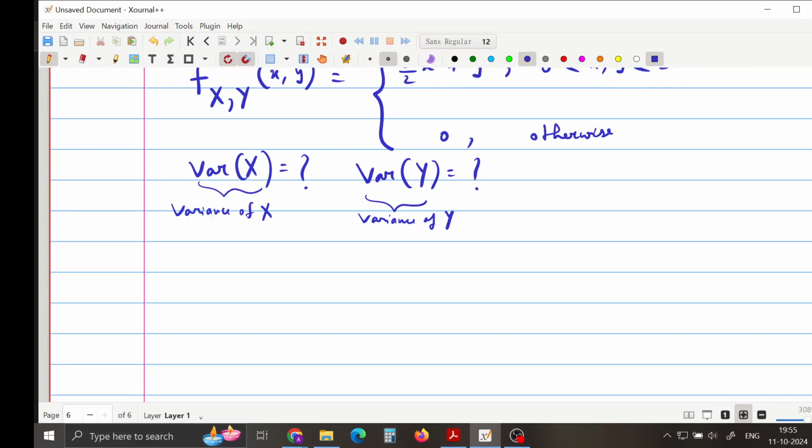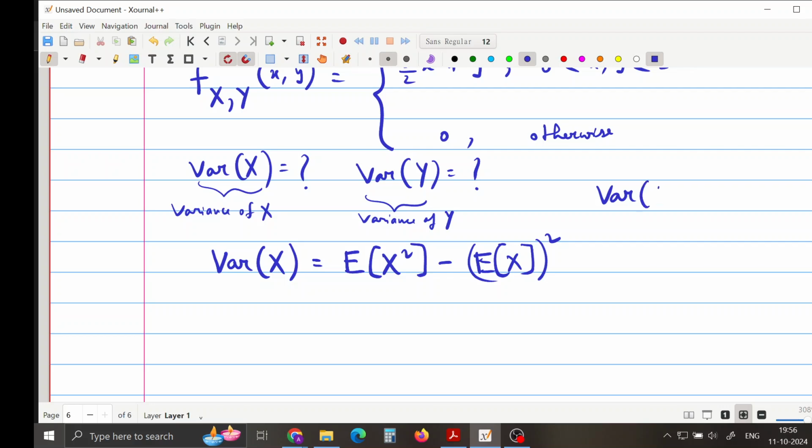As I said, before we proceed, we need to remember that the variance of x is given as the expectation of x squared minus the square of the expectation of x, right? Why is this true?